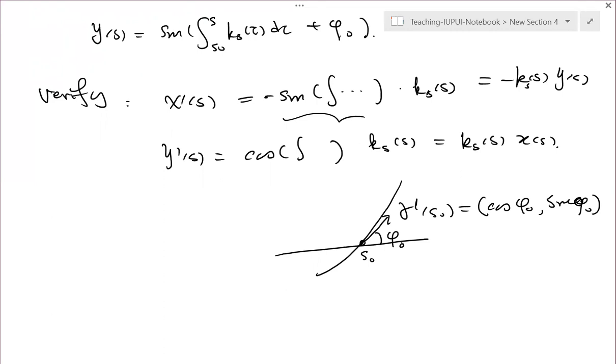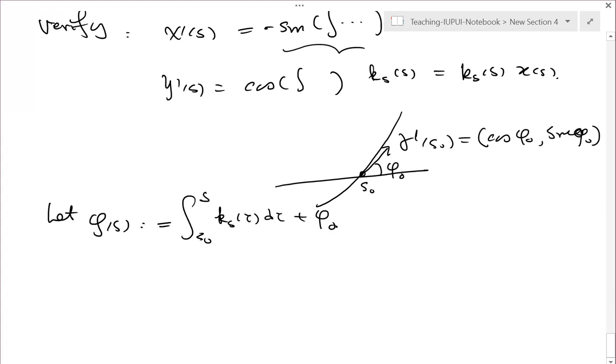Now I'm going to introduce phi s. This will be the angle, and we call it the turning angle of gamma.